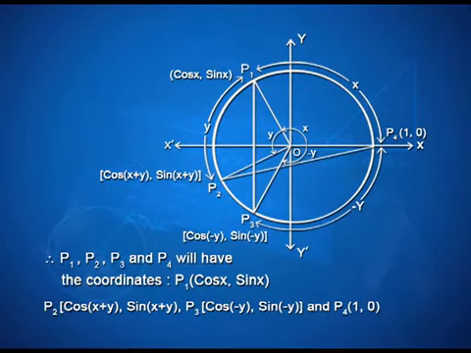Therefore, P1, P2, P3 and P4 will have the coordinates: P1 is cos x comma sin x, P2 is cos of x plus y comma sin of x plus y, P3 is cos of minus y comma sin of minus y, and P4 is 1 comma 0 respectively.